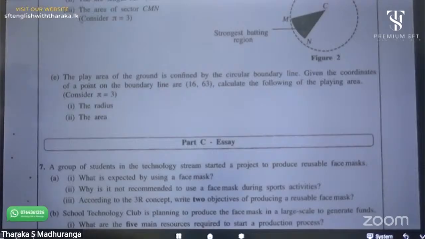Circular boundary line. Coordinates of a point on the boundary line are 16, 63. Pi equals 3. The radius.